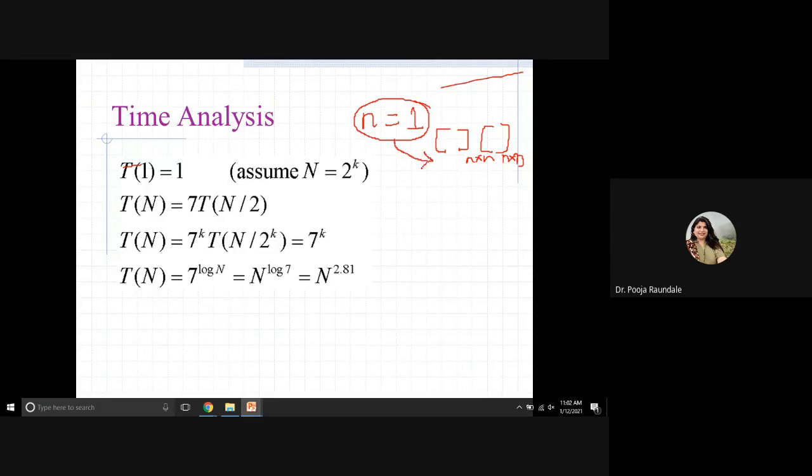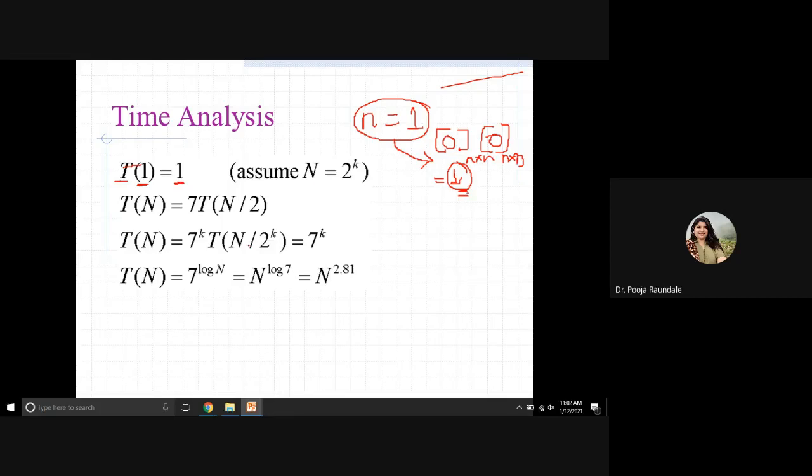If it is 1, then there's a single element, right? So there is a single element here and a single element here. So the matrix multiplication would be just a multiplication of one element, that is a single multiplication, right? When we are using the recurrence relation, we need to know what is T of 1. So the time T of n equal to 1 would be 1 because there would be a single multiplication which will happen over here.